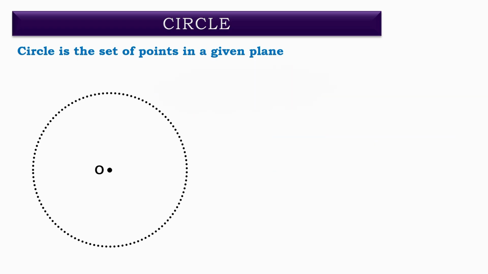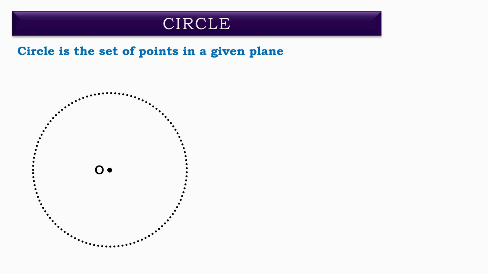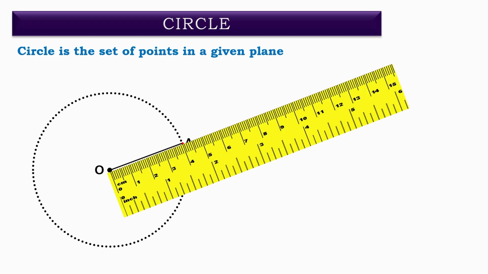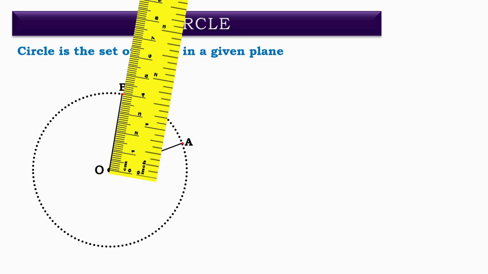Each of these points should also satisfy a condition. Then only we can say that it is a circle. So what is that condition? Let us understand that first. Let us take a point A. Now let us measure the distance from O to A. We got 4 centimeter. Now we will take another point B and also measure OB. We will again get the same 4 centimeter.